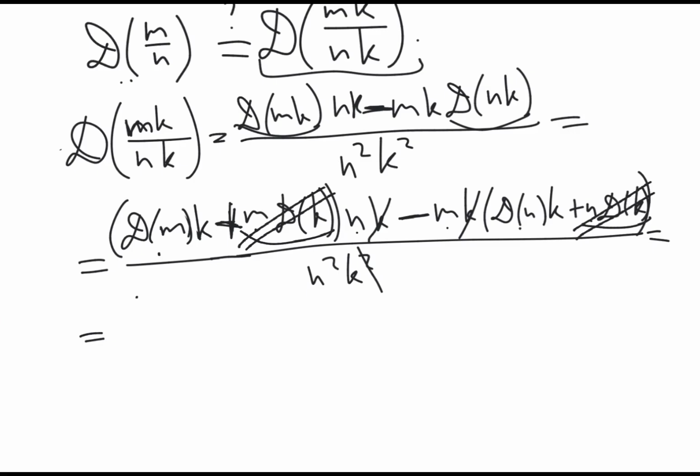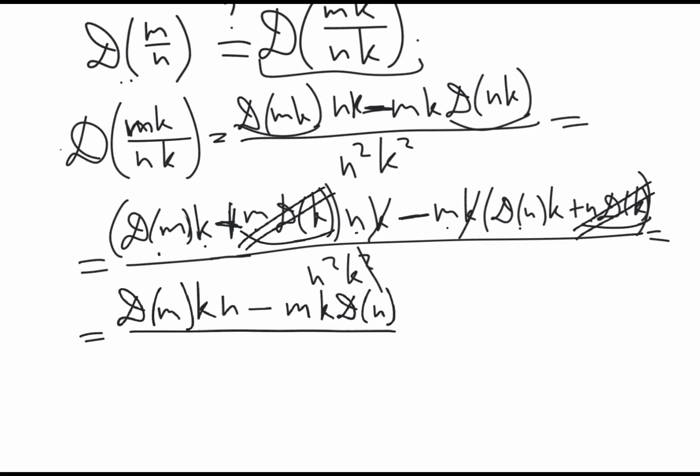So d of m times kn minus m times k d of n. To write them in the same order, let's write it even like this, over n squared k.